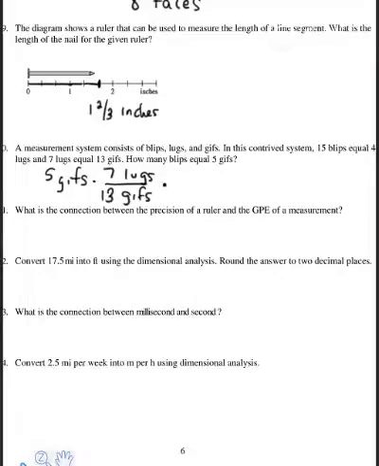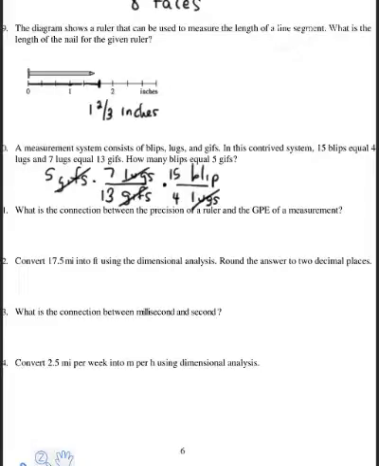So now we're measuring in lugs and not gifts, but I want to not be in lugs, I want to be in blips. So I got to multiply by 1 more conversion factor here. I want to cancel lugs this time, so lugs is going to go on the bottom and blips goes on the top. So 15 blips equals 4 lugs. So now the lugs unit of measure is gone and we are in blips.